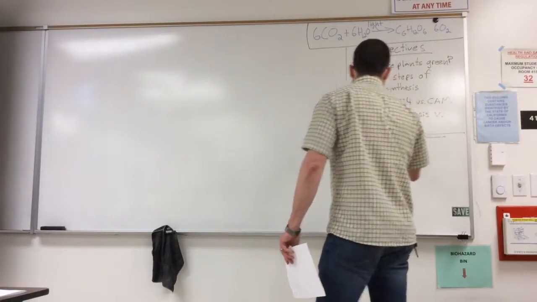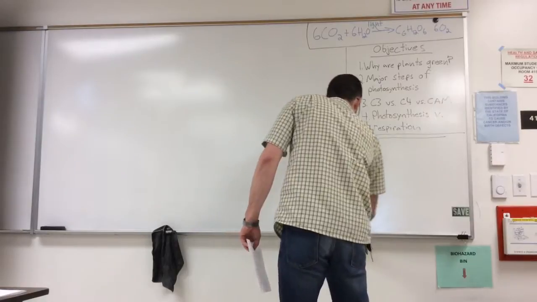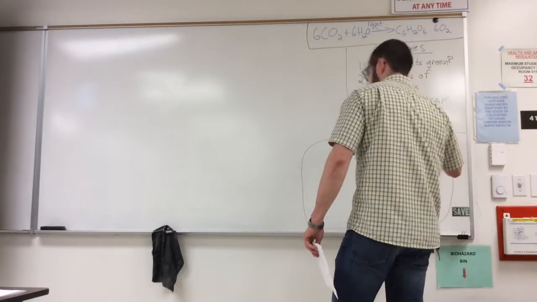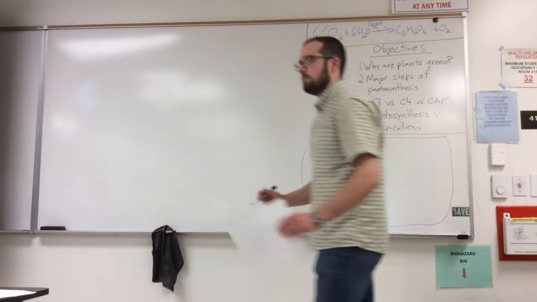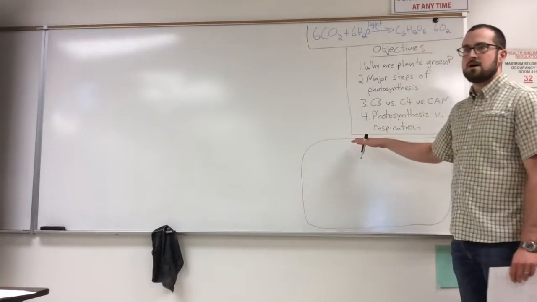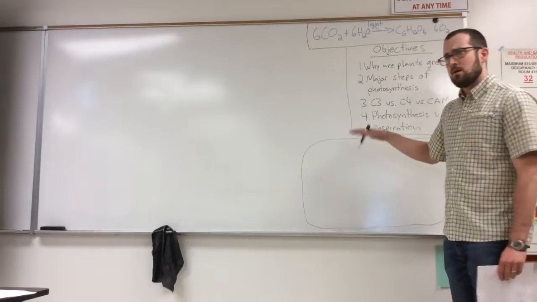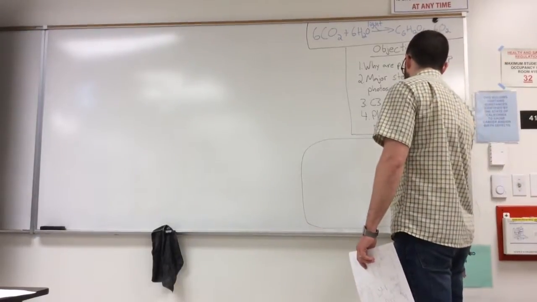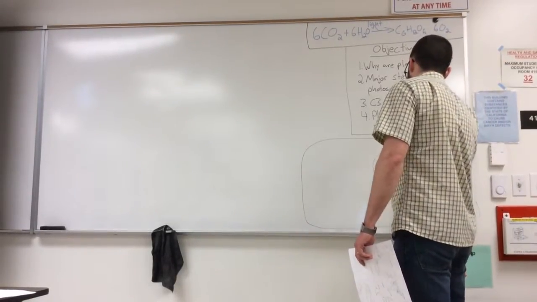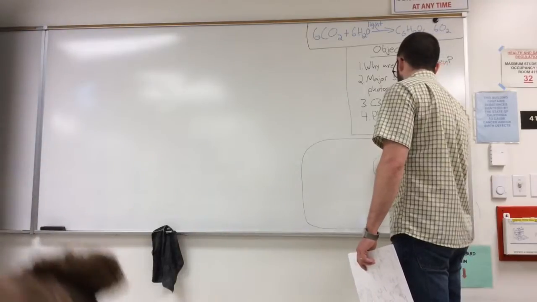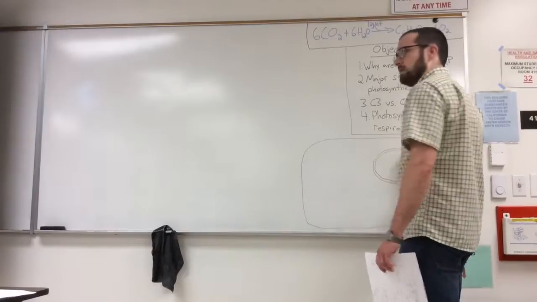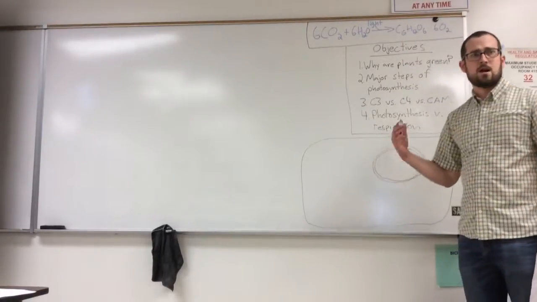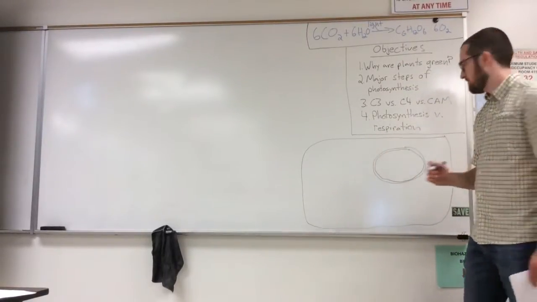So let's draw that out here. So this will be our cell. So the outer line here is our cell membrane. And then within the cell, we've got a chloroplast. And so the chloroplast has 2 membranes that surround it, an outer and an inner membrane.